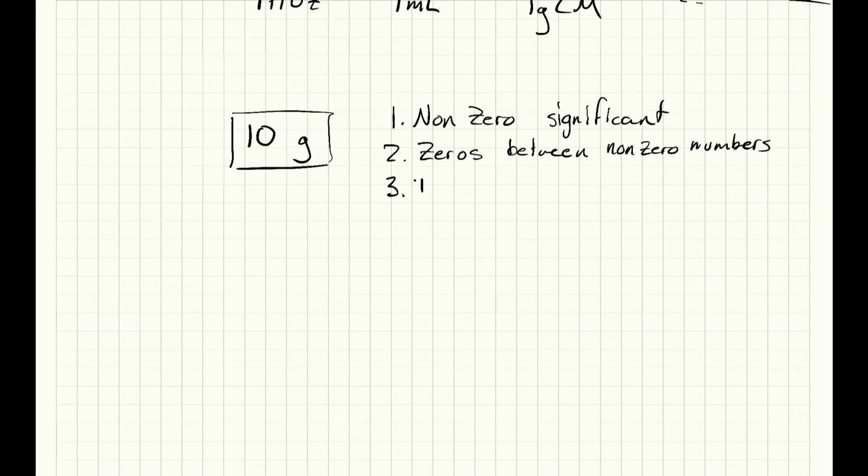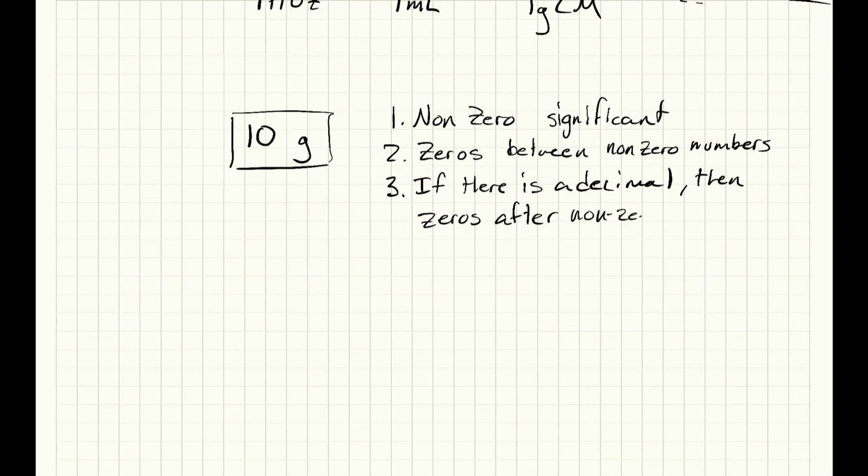And the last one is if there is a decimal, then zeros after non-zero numbers are significant. Well, that was more writing than I wanted to do.